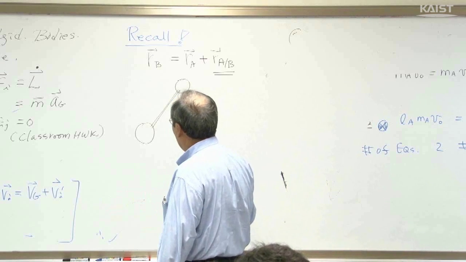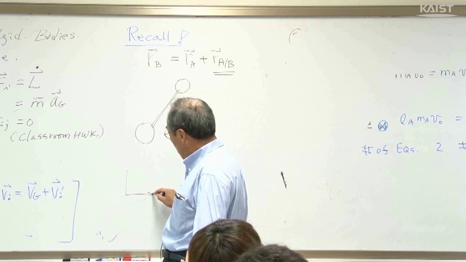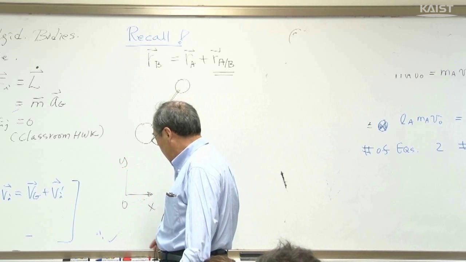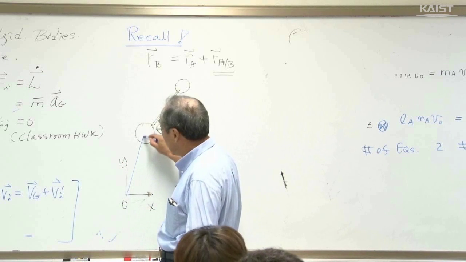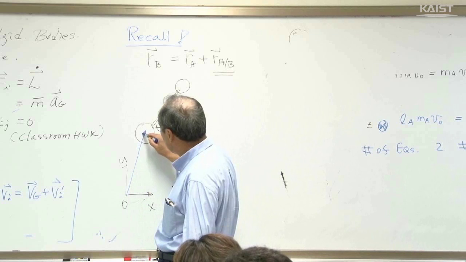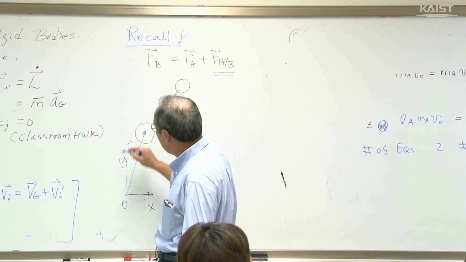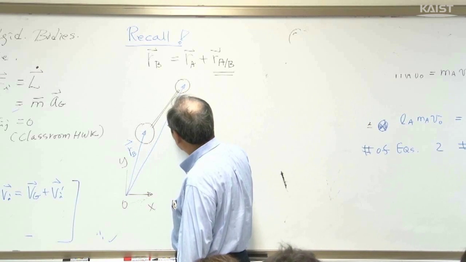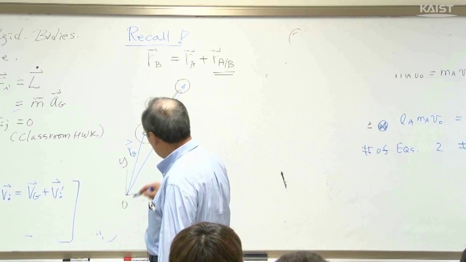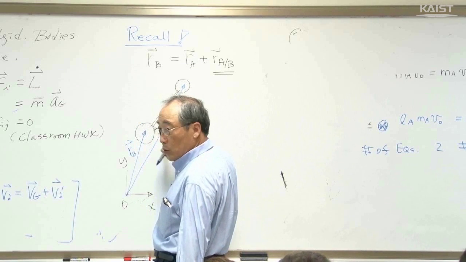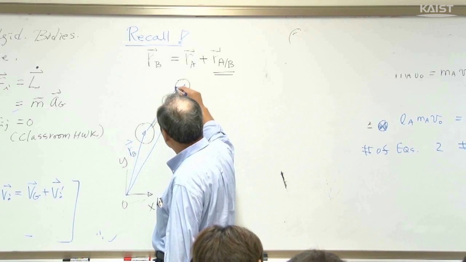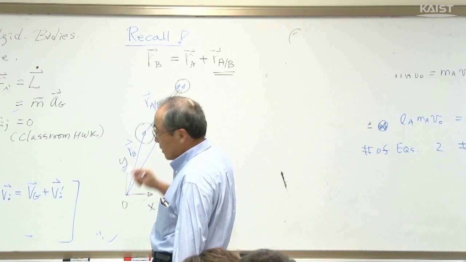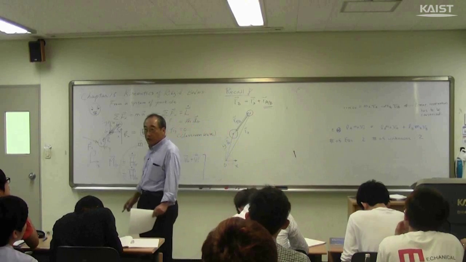And if I select a coordinate over here, and this is RB vector, and this is RA vector, and simply say that RA vector is equal to RB vector plus RAB. That's graphically very straightforward.